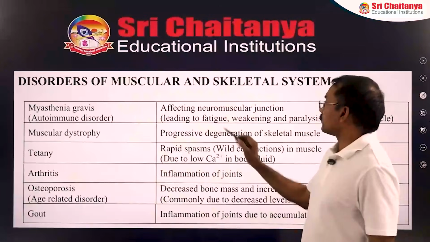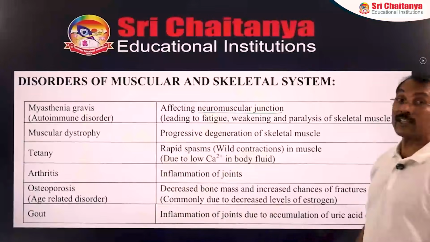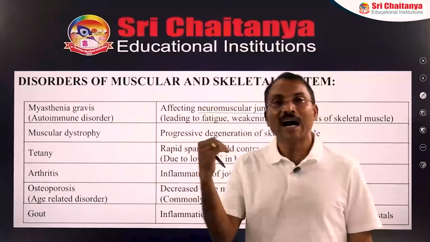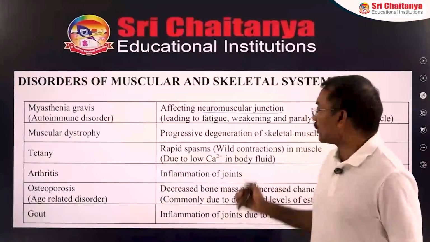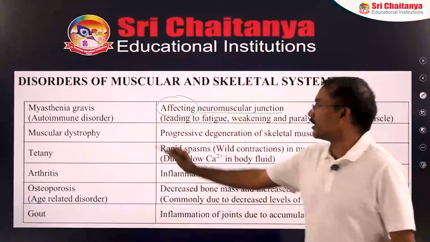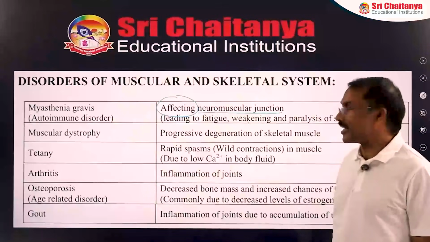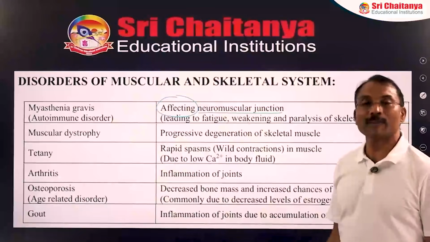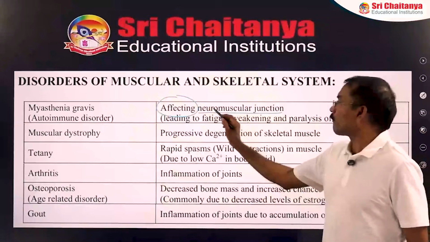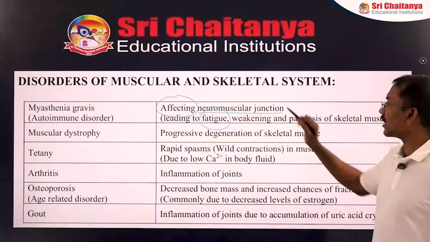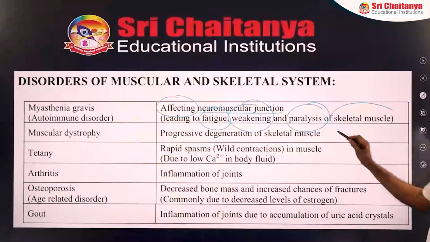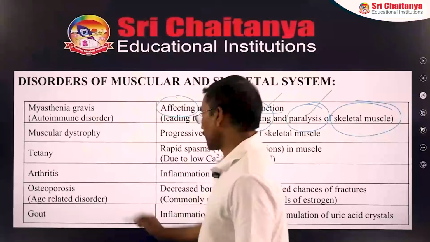In this disorder, the neuromuscular junction, which lies between the motor neuron and muscle fiber, is damaged. As a result, what complications develop in the body? Affecting the neuromuscular junction leads to fatigue at the neuromuscular junction, weakening and paralysis of skeletal muscle.